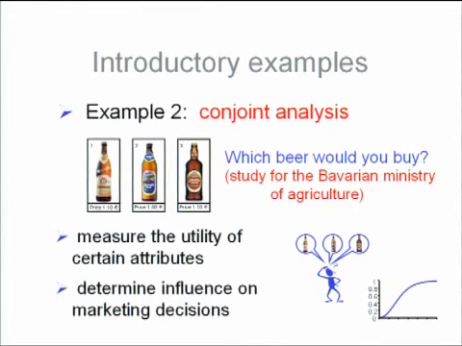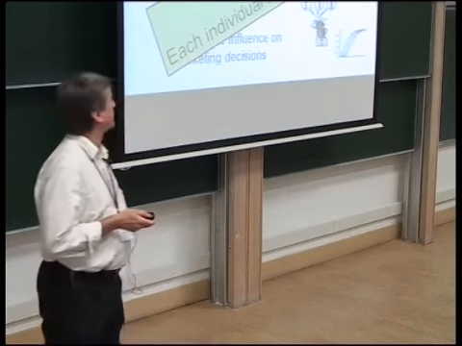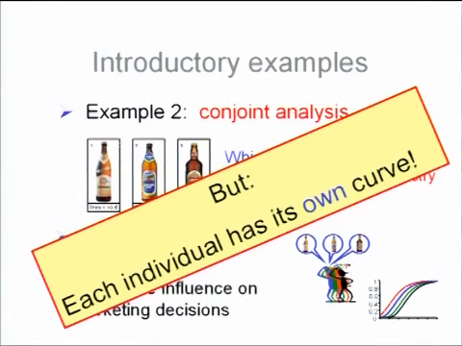We have to take into account that there are different individuals, so each individual has its own curve, and we have to measure across the individuals, or we might be also interested in the individual effects. So I don't want to go into detail for these examples, but this is just for motivation.